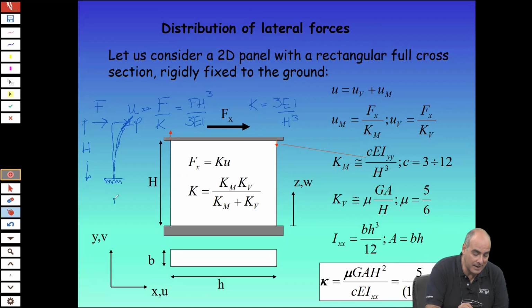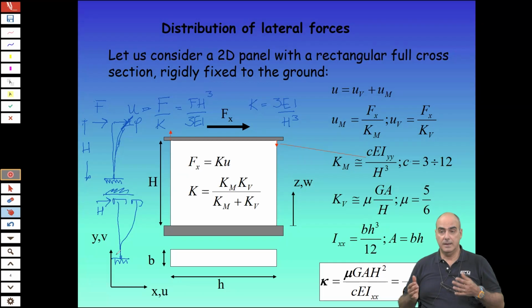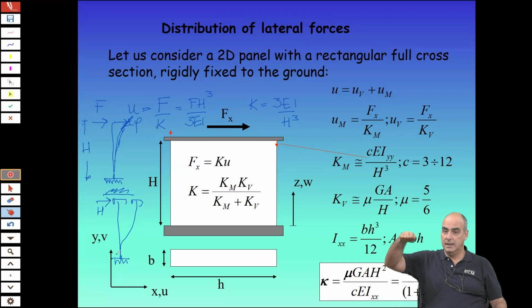So rather than being a cantilever, your wall is rather like this. You have a fixed edge at the bottom and you have a constraint which can move at the top, but just sliding, which cannot rotate.